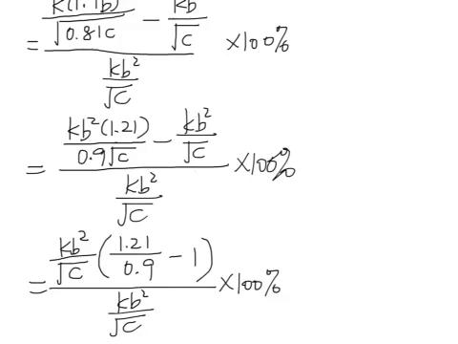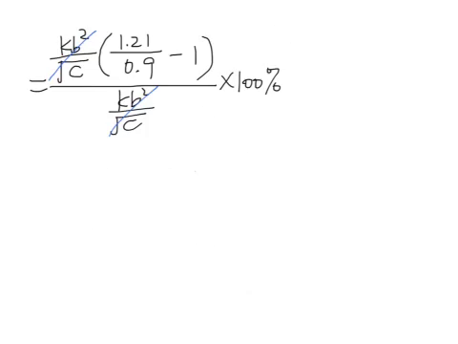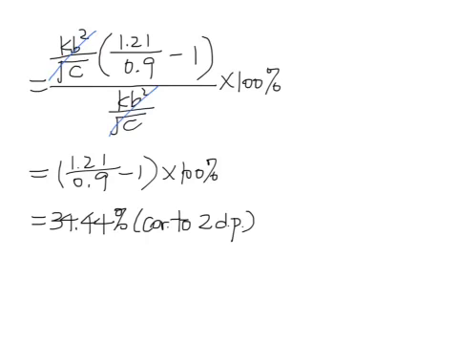So what we have in here, we can cancel all these, right? So that leaves us 1.21 over 0.9 minus 1 times 100%, and that gives us 34.444444%. We correct this to 2 decimal places, and of course we want to answer the question at the end. Therefore A increases by 34.44%.